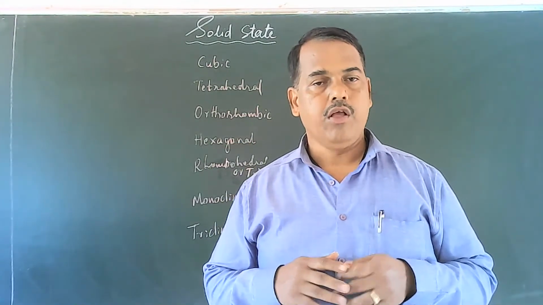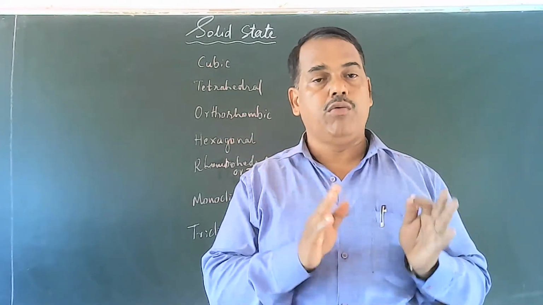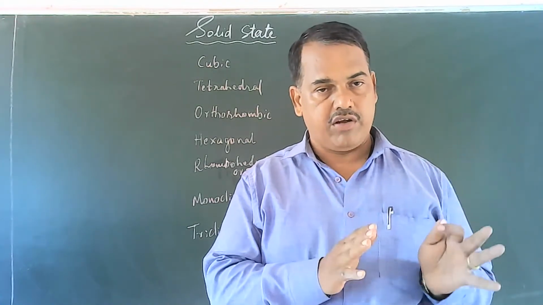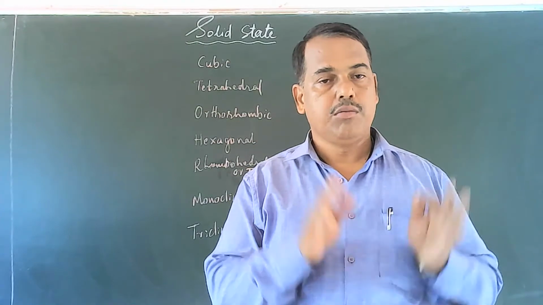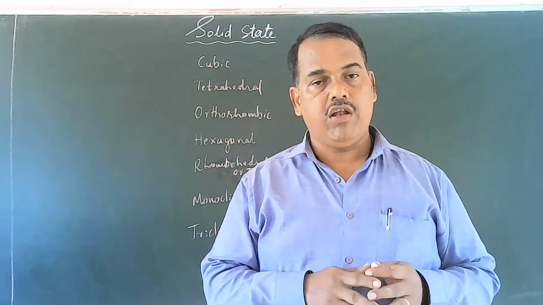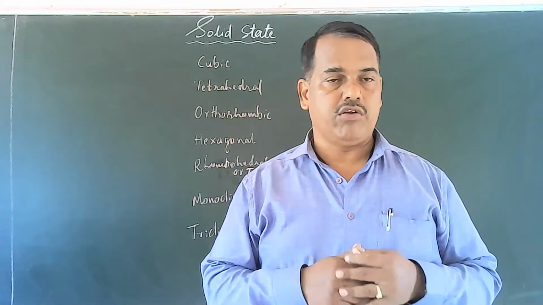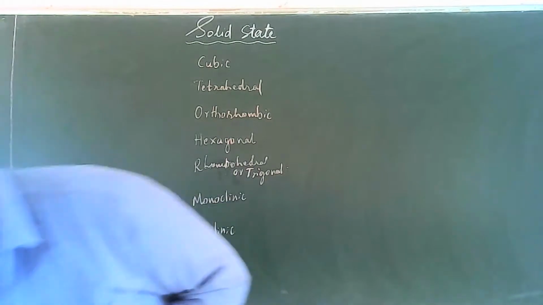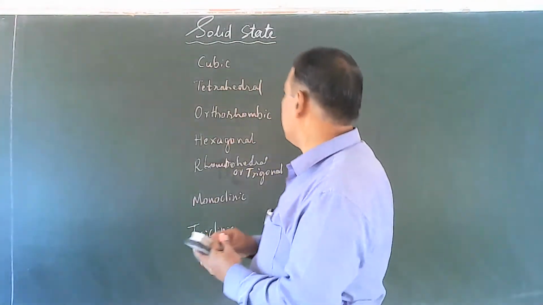Are you clear? So the calculation of particles you will get for 2 marks. Calculation of particles present in primitive unit cell, body centered unit cell, and face centered unit cell, we shall discuss. Okay?